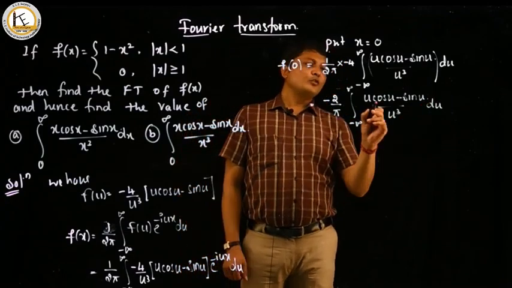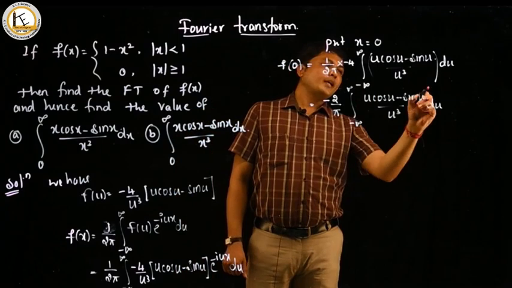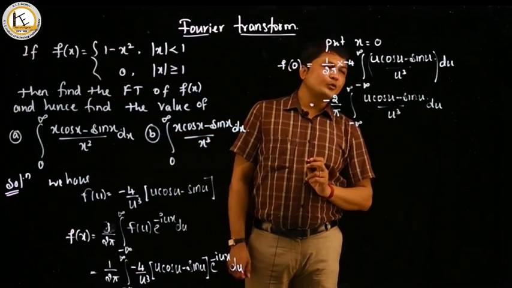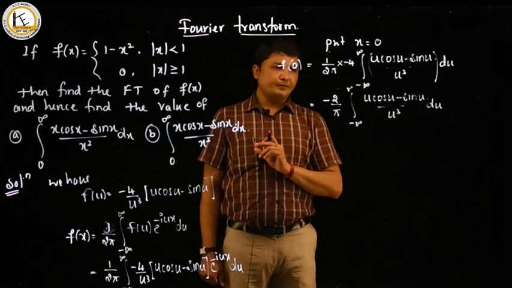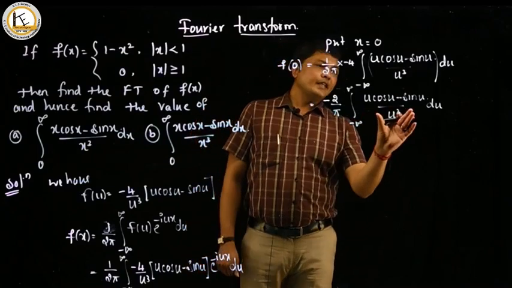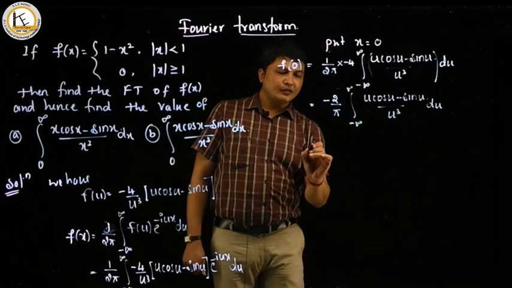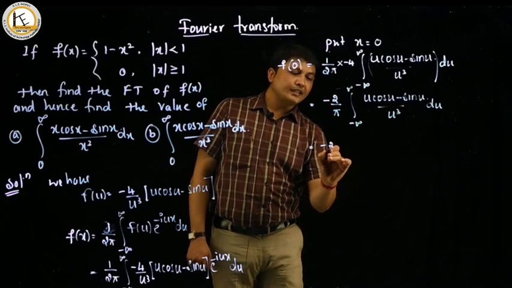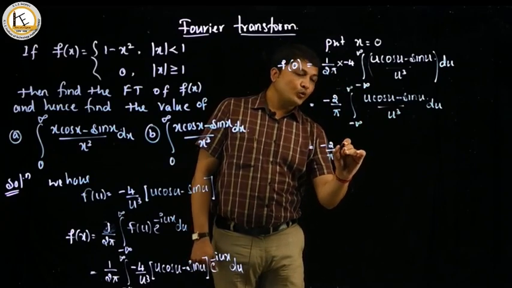And since we know that u cos u minus sin u divided by u cube is an even function, we can write the integral as 2 times the integral.